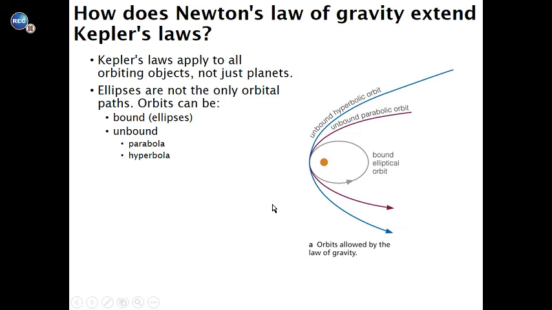So Newton took this idea of gravity to explain the orbits. Kepler talked about how orbits work, but not why. And Newton explained the why: objects feel gravitational forces, and you can have different types of orbits. The planets orbit in these elliptical orbits, which are bound. So what Newton said was all orbits are conic sections. If you studied conic sections in your math classes, ellipses and circles are one set, but there are also parabolas and hyperbolas.